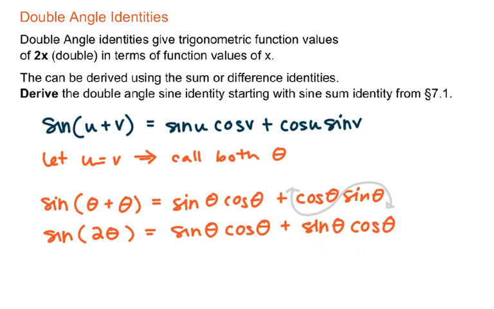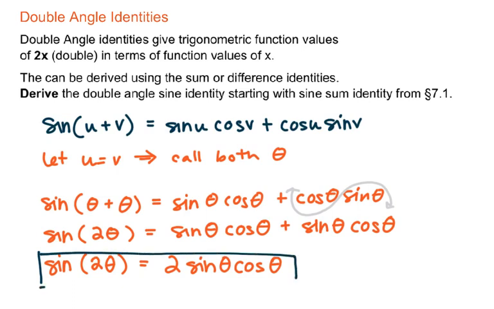I have one plus another one, so now I have two of those. So sine of 2 theta equals 2 sine theta cosine theta. So this is my sine double angle identity.